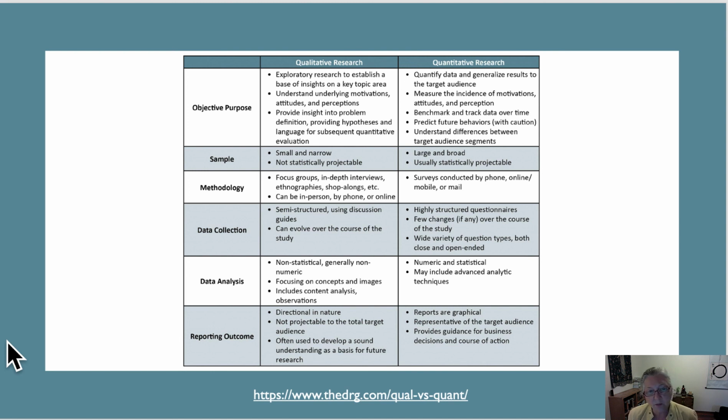I think there's a lot of people that would now disagree with that. I think qualitative research adds a degree of understanding that you do not get necessarily in the quantitative research. Qualitative research helps you understand the underlying motivations and attitudes and perceptions of people.